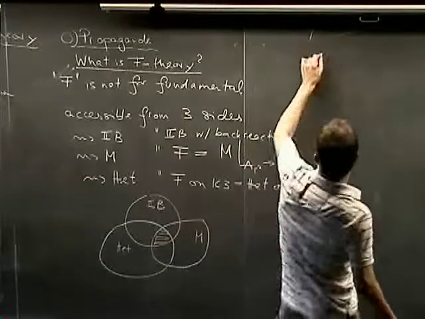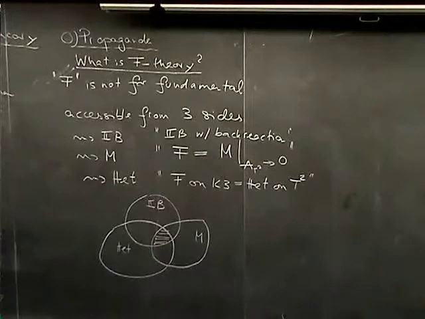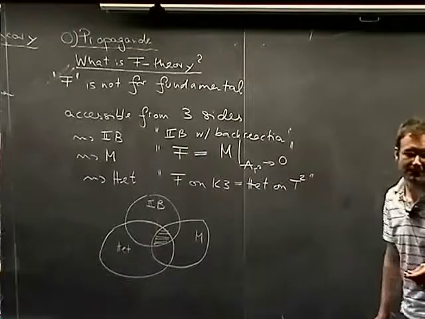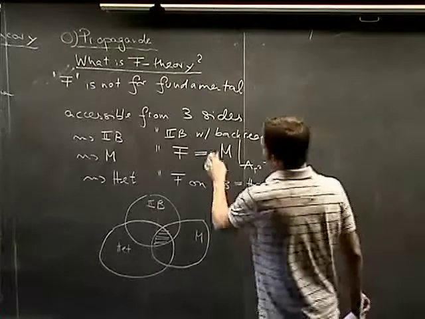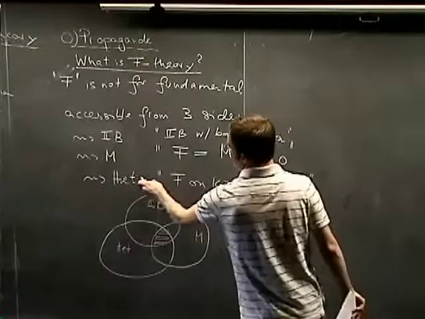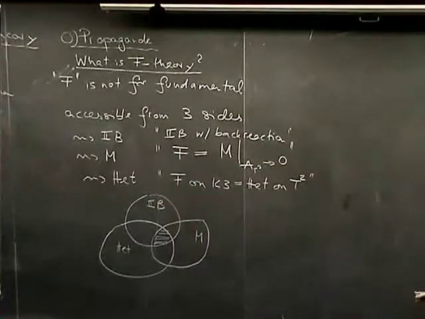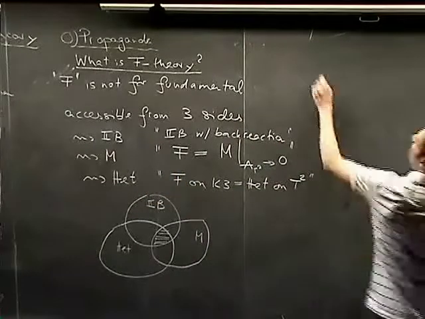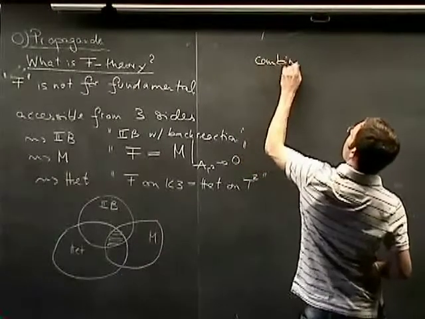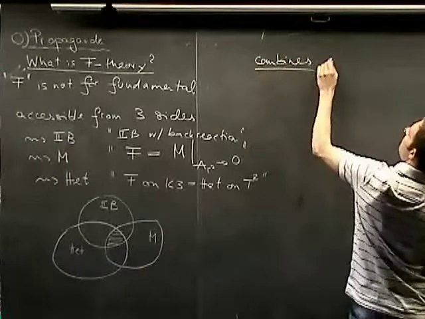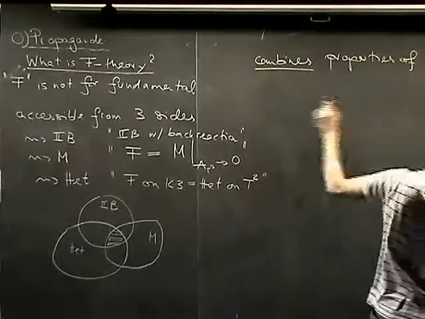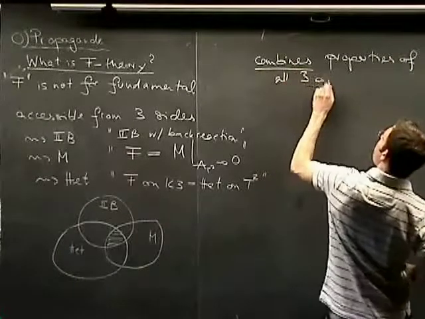What makes this useful in particular now for model building, which is why this workshop is here, is because it combines phenomenological features of the compactification, say from the heterotic string and the type 2b string. Most importantly, it combines properties of all three approaches.